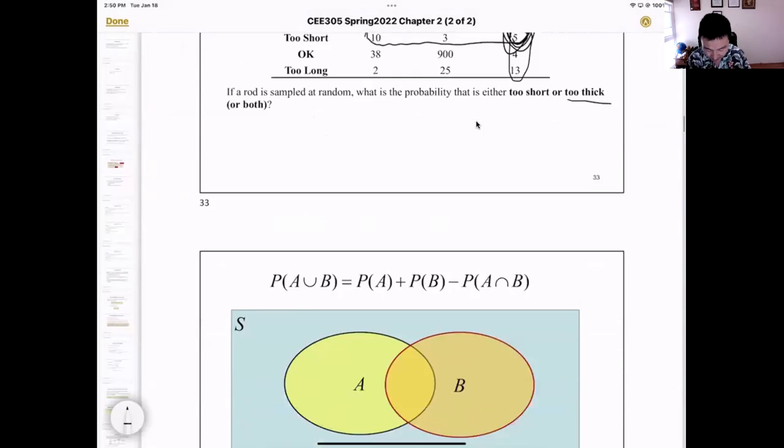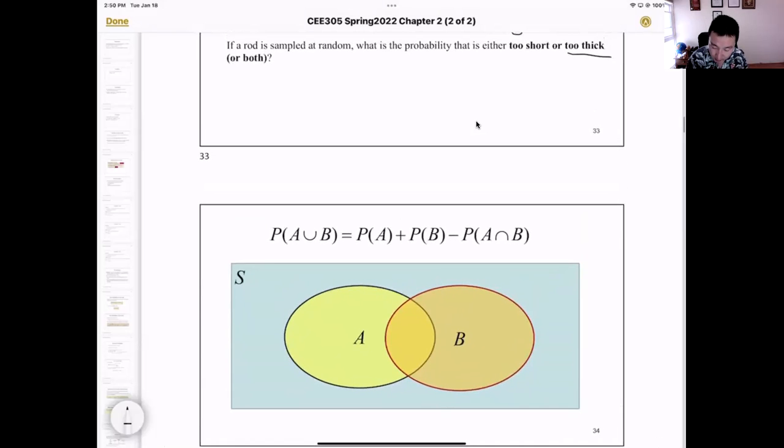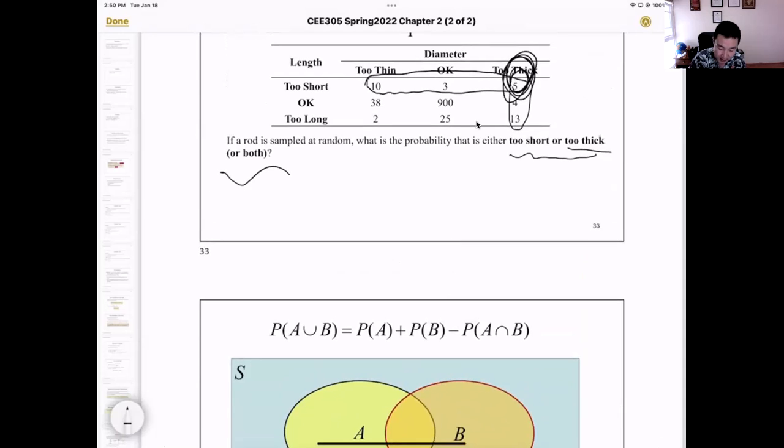So using this equation, we calculate the probability of either too short or too thick or both. If we say A is too short, then P(A) equals 10 plus 3 plus 5 over 1,000.